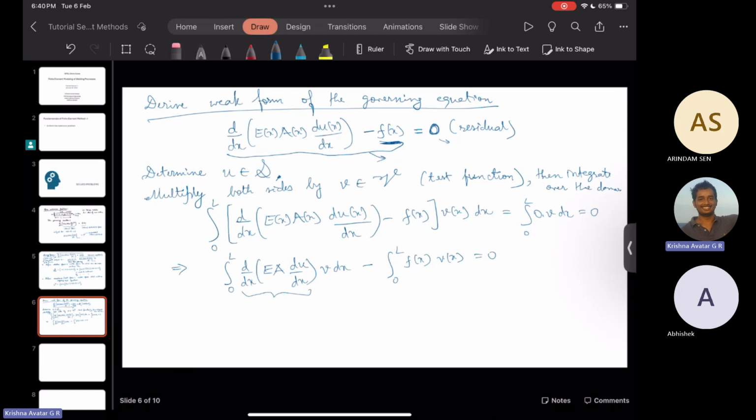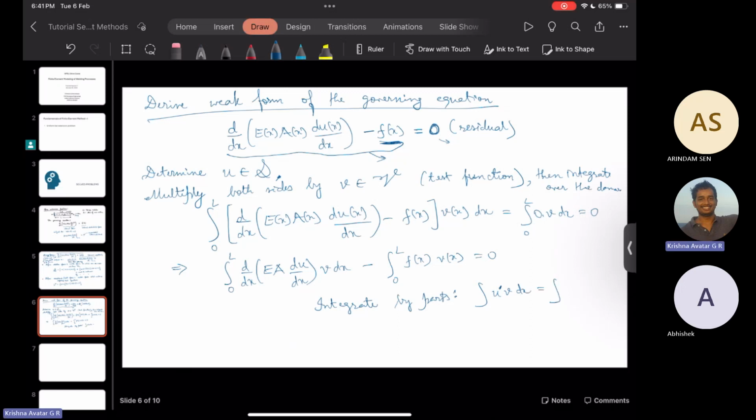Now here, what we can do is use integration by parts. And you will ask, okay, what do you mean by integration by parts? Integrate by parts is when, say, you have a function u prime v dx.